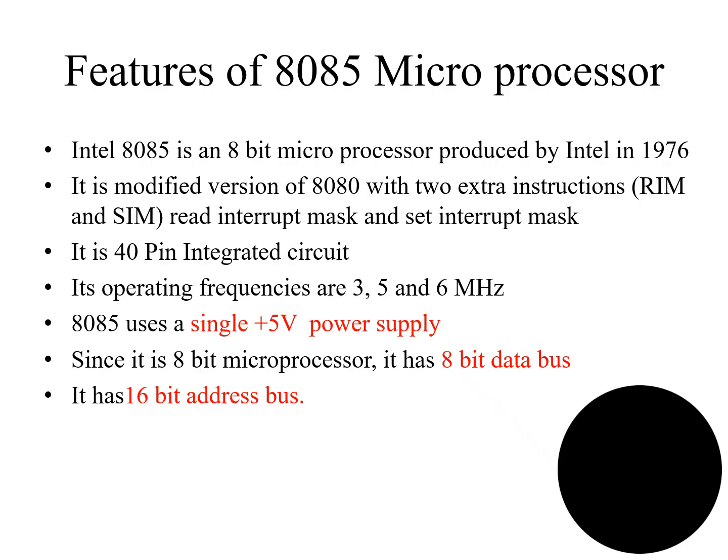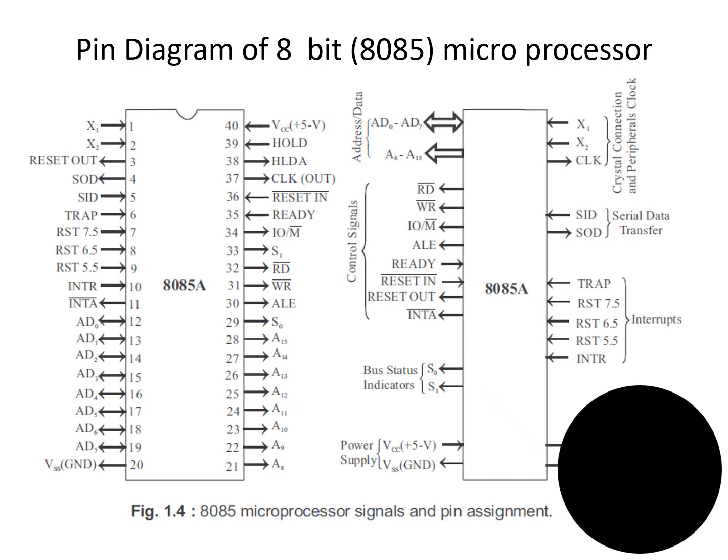Next is the pin diagram. As I told you, it is a 40 pin IC. The 40 pins accommodate what I explained in the features of the 8085 microprocessor.